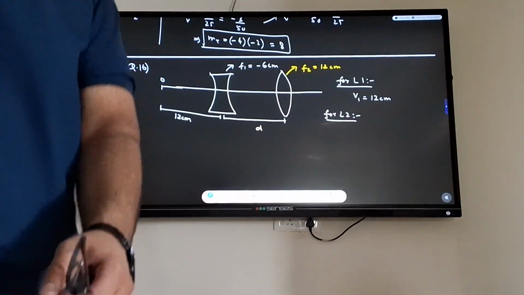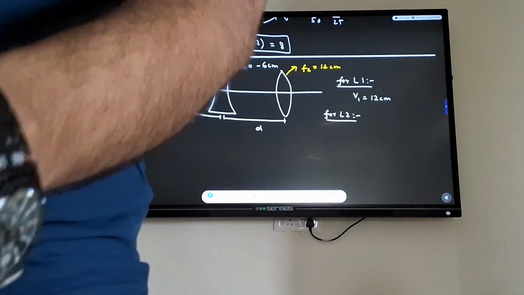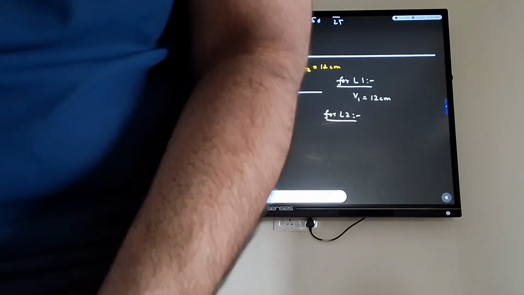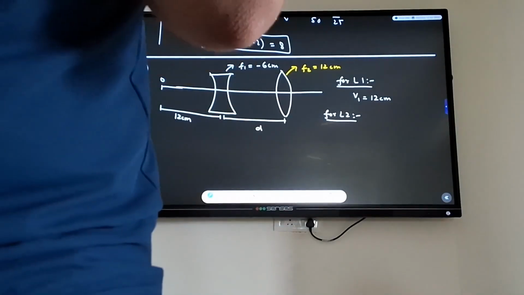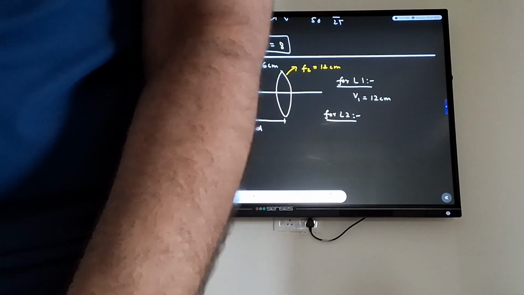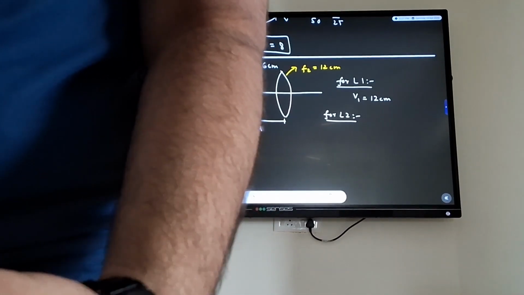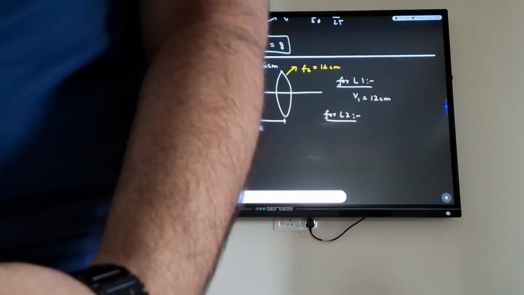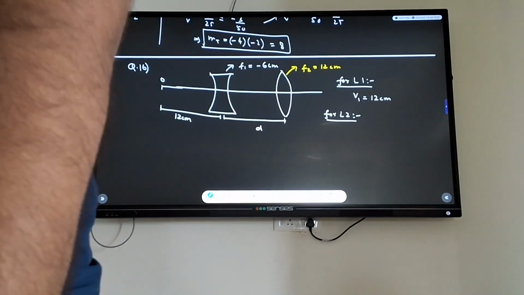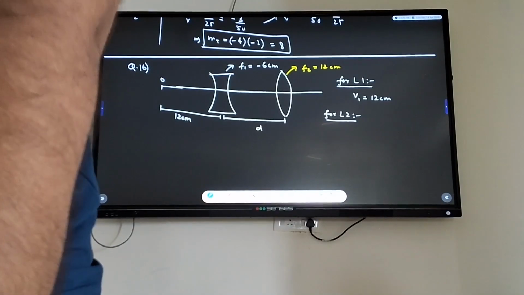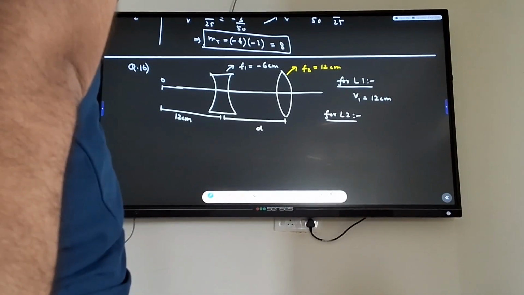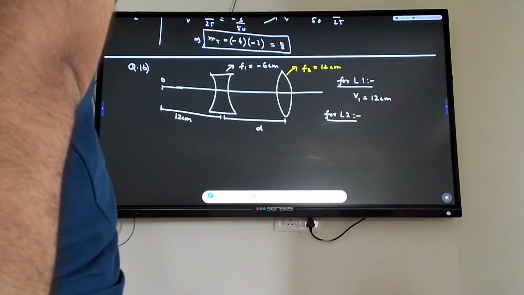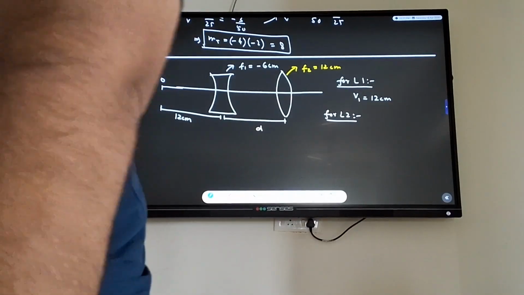Wait, just a second. A converging lens with this focal length is placed at a distance d. Am I missing something? Oh, okay.